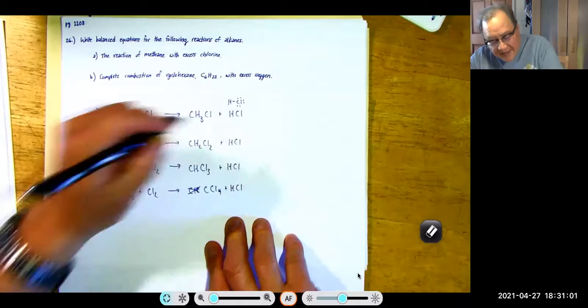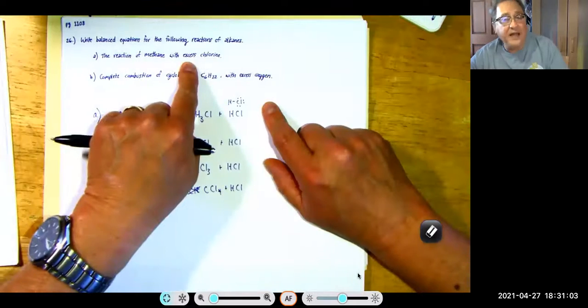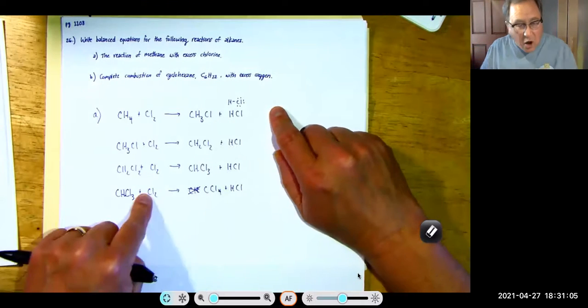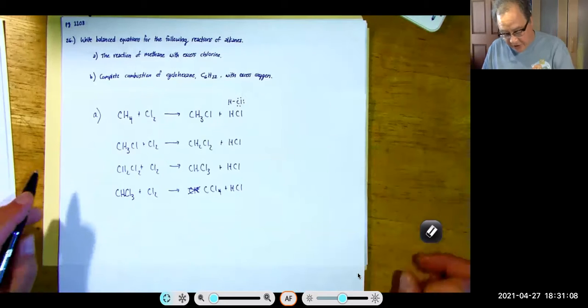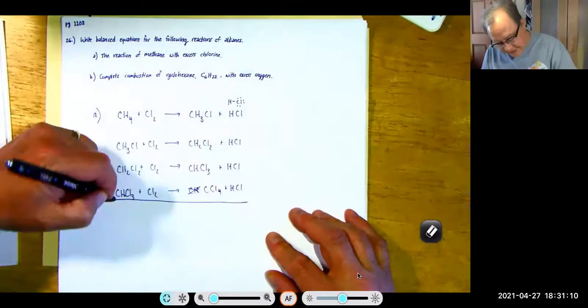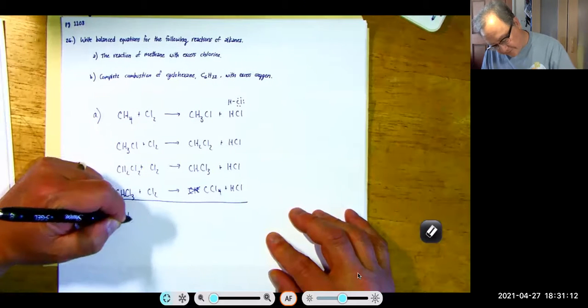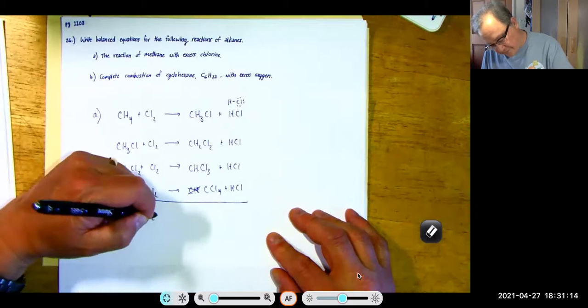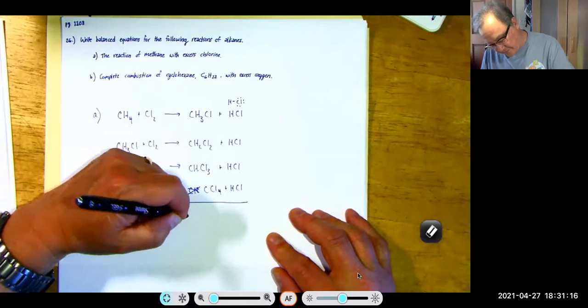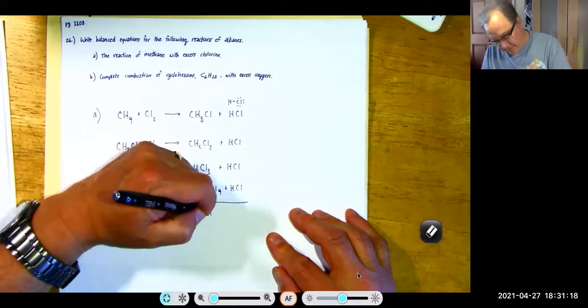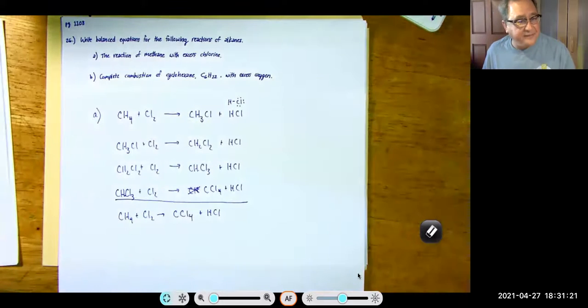So when they say excess chlorine, that means more than enough chlorine for all of the hydrogens to react. So the overall reaction is this. And we're not going to worry about balancing it.